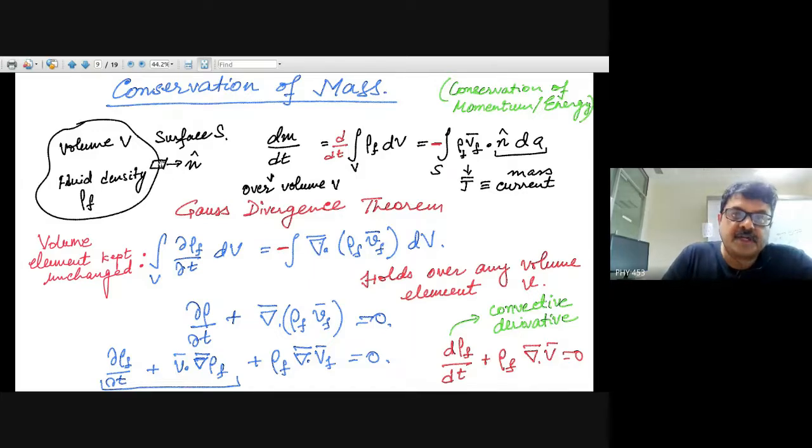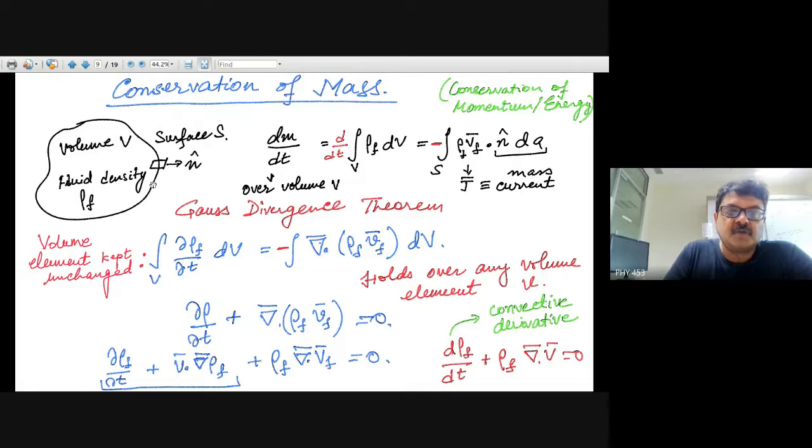Then the flux of fluid through a small surface area element is v dot n, where n is the normal vector of the surface pointing outwards. Basically you have to take the dot product, taking the component of velocity normal to the surface. The minus sign comes because if the fluid is flowing out, then the mass is going to decrease.